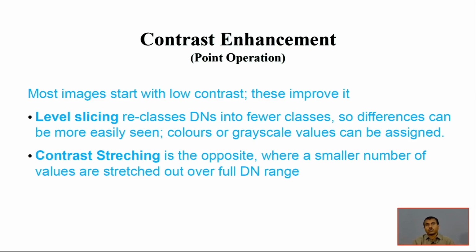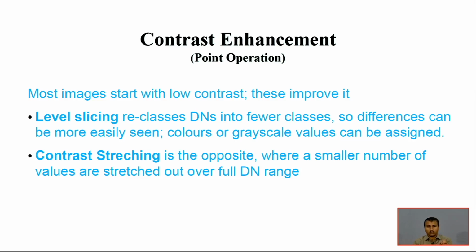In level slicing, we differentiate so that the difference can be shown more easily in the brightness. If we change the brightness value, different values can be assigned based on the requirement, and that is level slicing. Contrast stretching: suppose in an 8-bit image the whole spectrum, the whole width, has not been used.